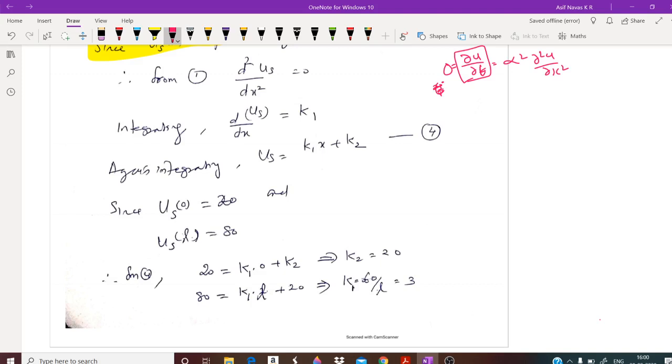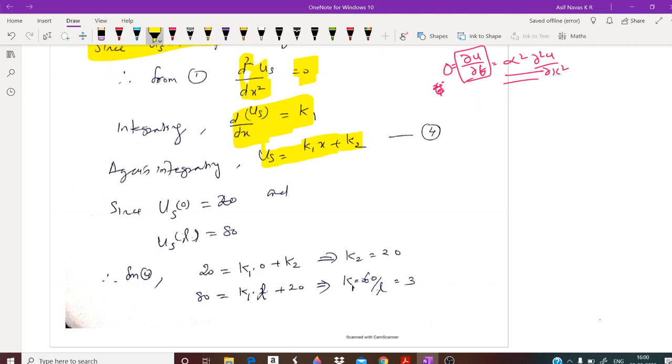So they are constant. So what you will get is d square u_s by dx square is equal to 0, and if you integrate twice, you will get u_s equal to k1 x plus k2.